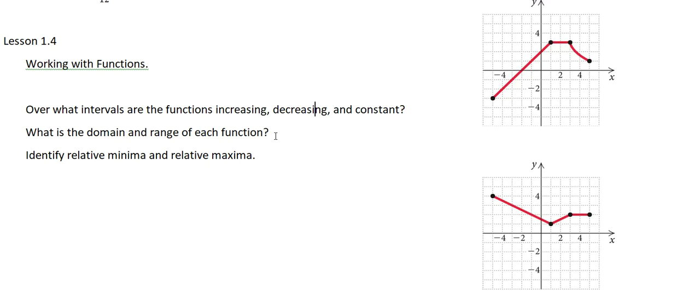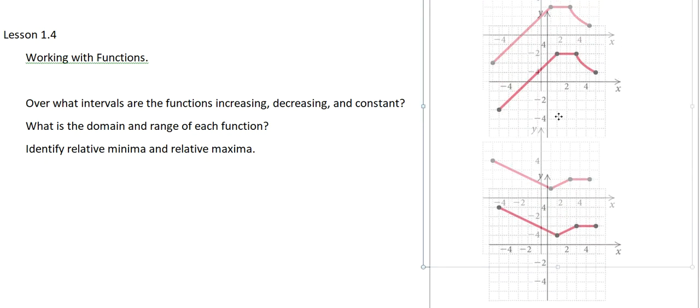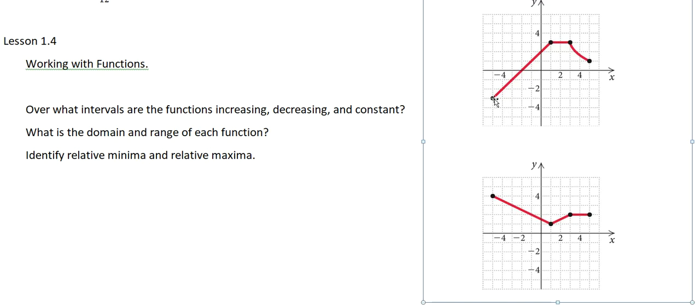Okay, so what's the domain and range of each function? Well, what can we put in? We have this line here, and for x values, we can put in anything from -5 all the way to +5, but if we try to put in 6, and we look up what y value we have, well, there's nothing there.